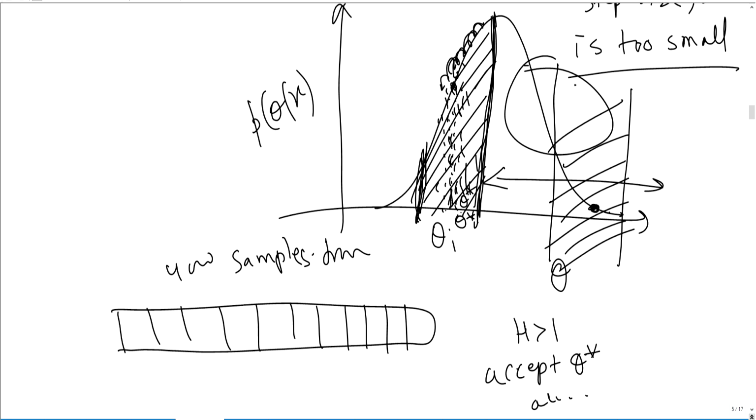So, if step size is too small, your chains will move slowly. You might get stuck in one part of the posterior. You may not be able to explore the whole parameter space. As a result, what you get is highly correlated samples. That means you get samples only from a small part of the posterior distribution.